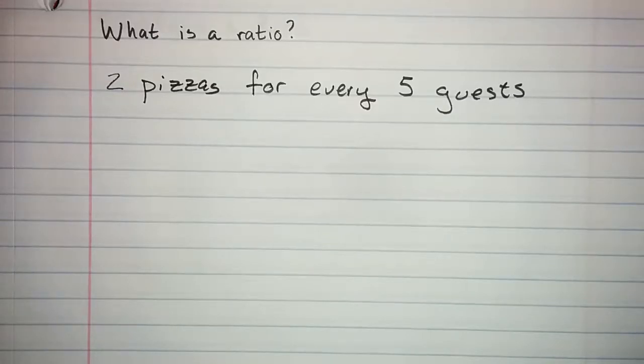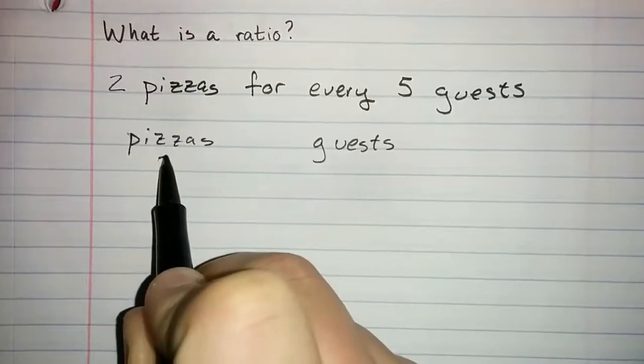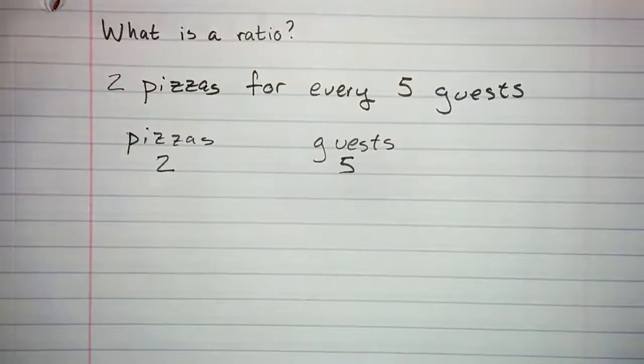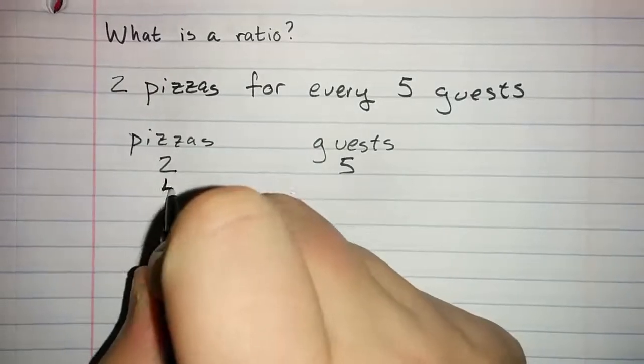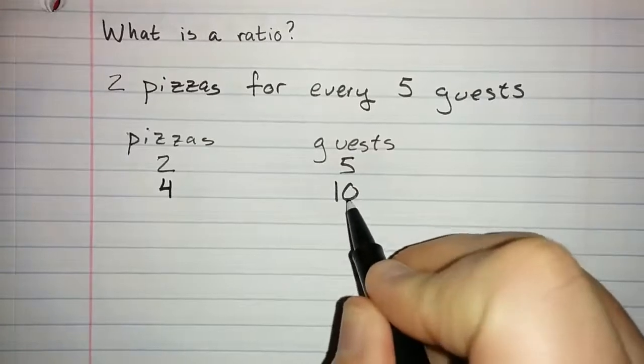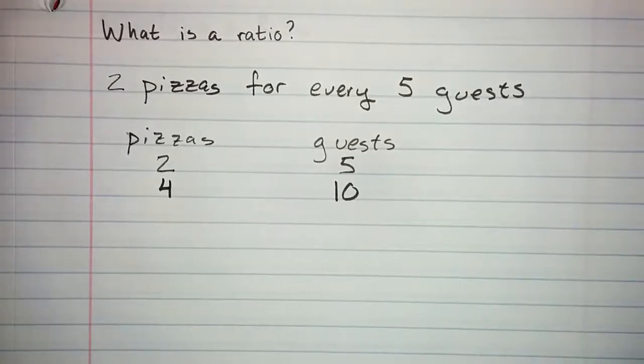It tells you about the relationship between how many pizzas there were and how many guests there were, even though it doesn't tell you exactly how many of either one there were. So maybe there were only 2 pizzas and only 5 guests. But maybe there were 4 pizzas, 2 groups of 2, and 10 guests, 2 groups of 5.